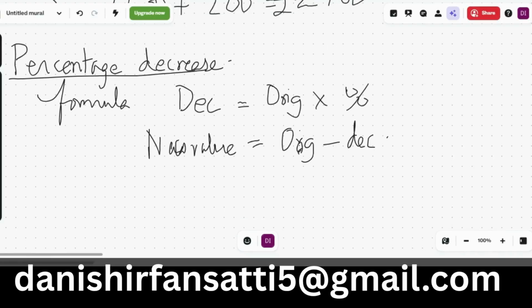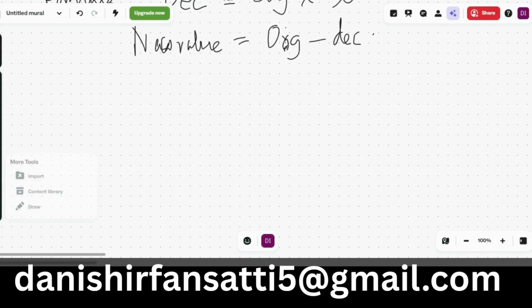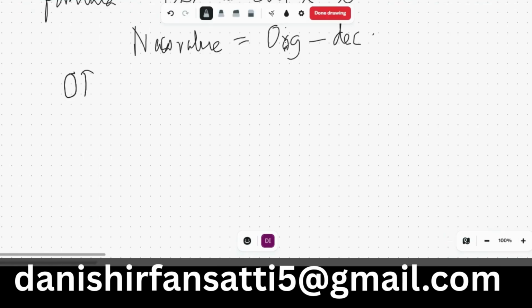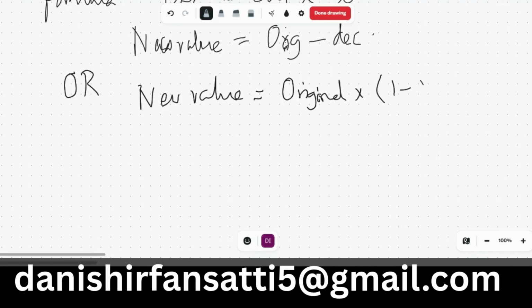Or you can also use the shorter way: new value is equal to original into 1 minus percentage.